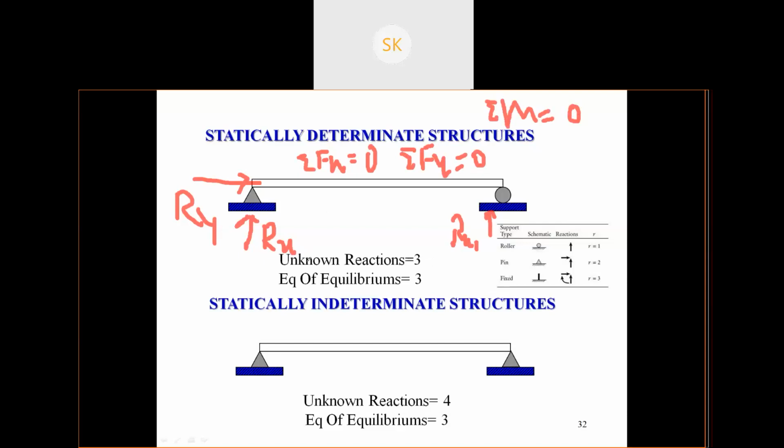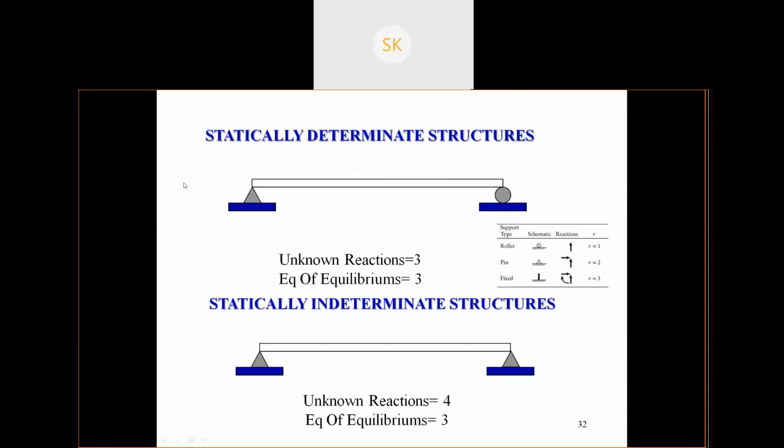In the same way, the number of equilibrium equations is 3. So we can find these 3 reactions by these 3 equilibrium equations. So this is a statically determinate structure. Why is it called statically determinate? Because we have 3 equilibrium equations and all the unknown reactions.